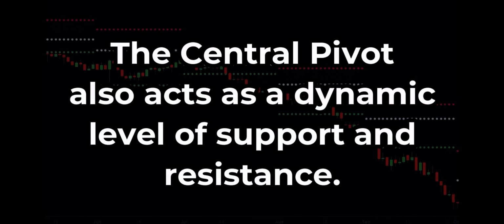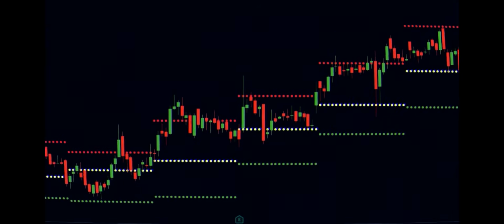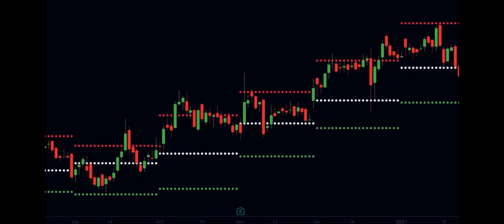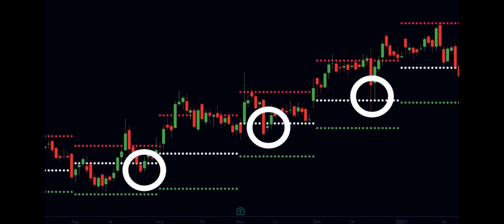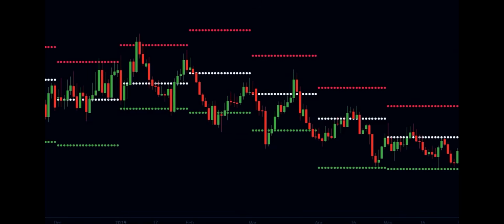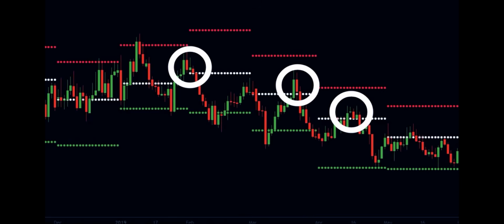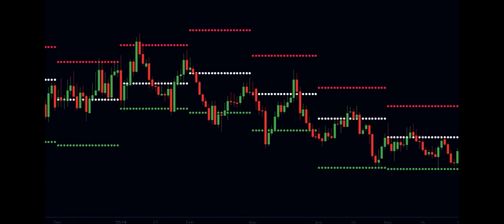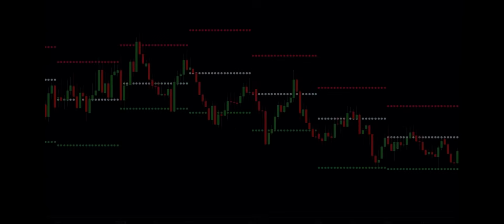The central pivot also tends to act as a dynamic level of support and resistance. This means that in an uptrend, the central pivot provides support to the price. And in a downtrend, the central pivot acts as resistance to the price. So, we could use the central pivot point to enter on pullbacks.